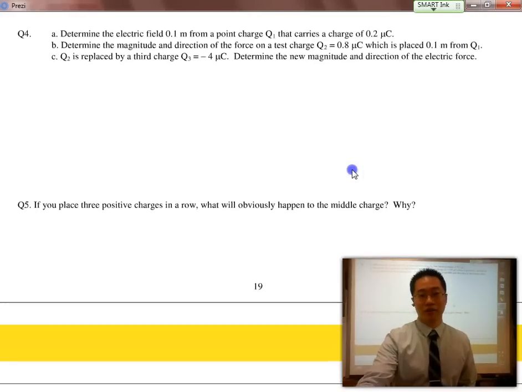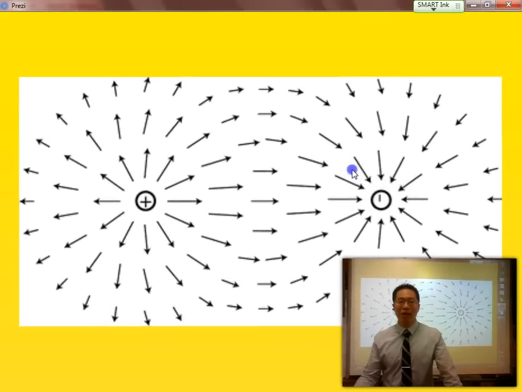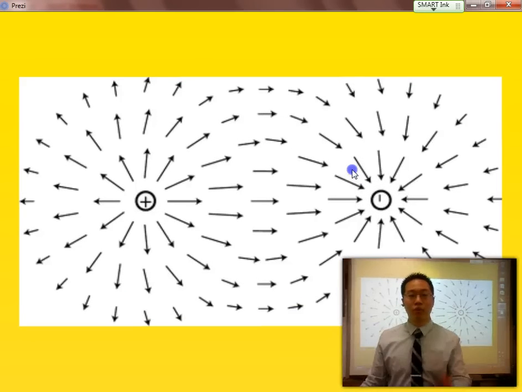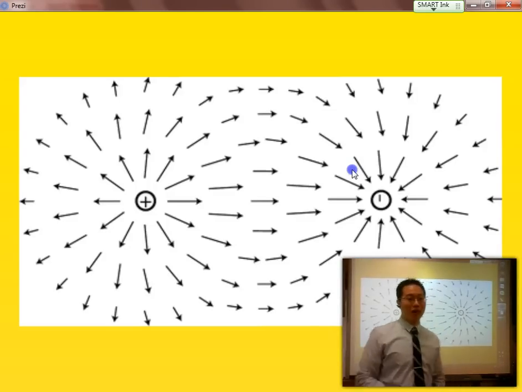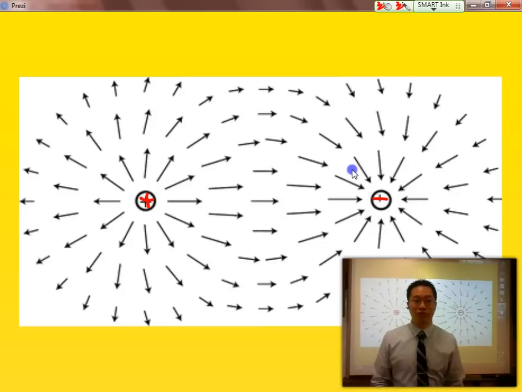Okay. Let's see. Now, what happens if you have multiple point charges creating an electric field? Okay. In this case, we have one positive charge and we have one negative charge. And as I had said yesterday, electric field lines always, of course, go out of positive and into negative.